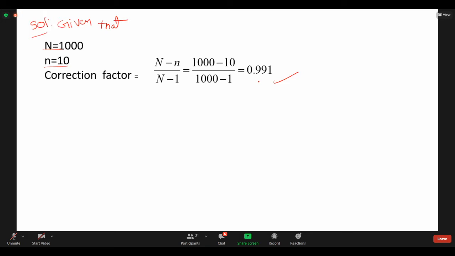Okay, 0.991. That's okay. I hope all of you have done this one: how to find the population correction factor, 90 by 99. Very good. All of you done? Shall I move to the next problem?